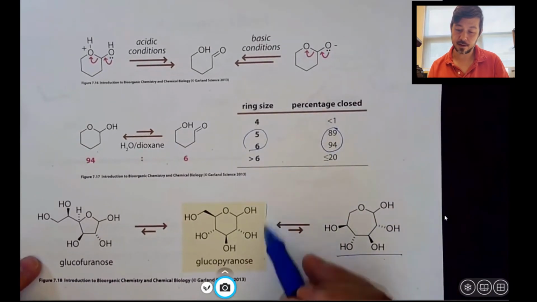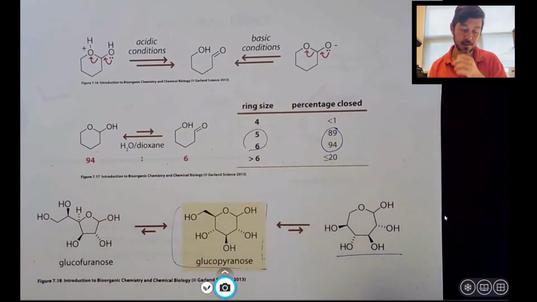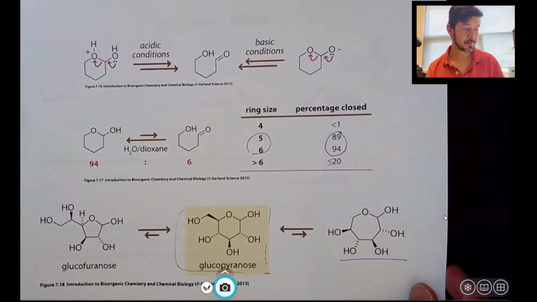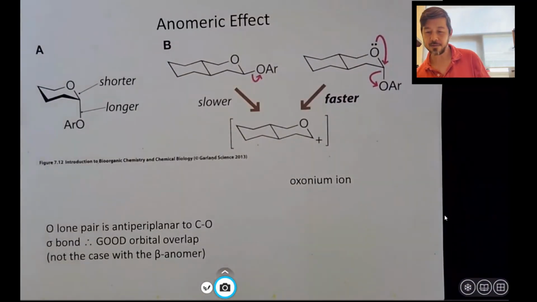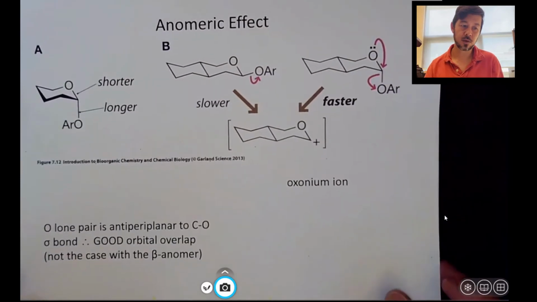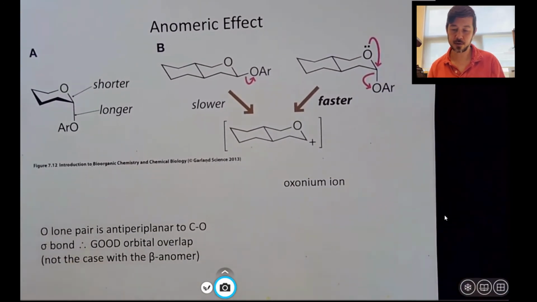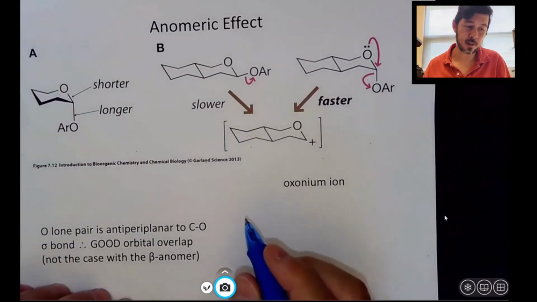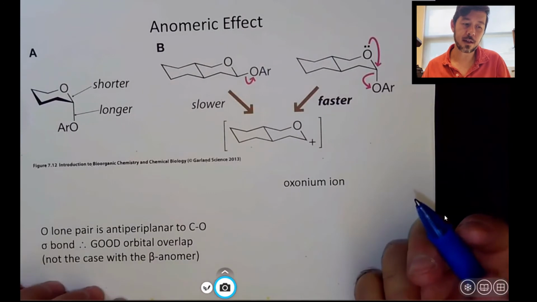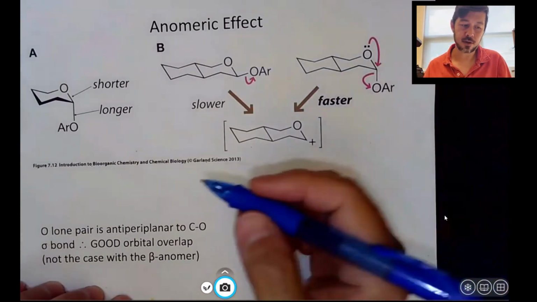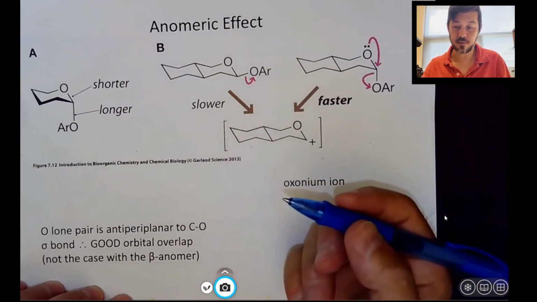The 6-membered ring by far wins that battle. But let's describe why that alpha anomer percentage is so high: it was 37% versus the predicted 11%. The anomeric effect describes why the alpha anomer population is much higher than predicted.